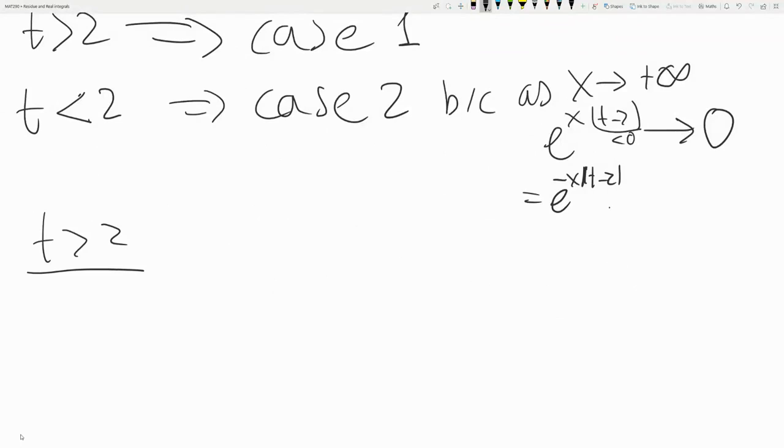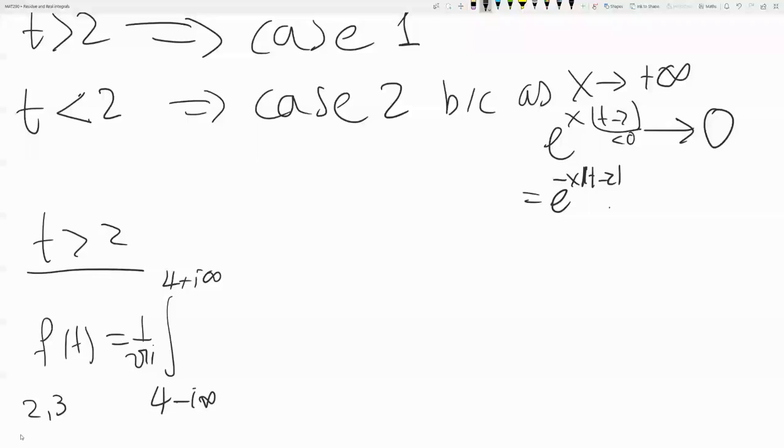So we want to find our function, 1 over 2 pi i. The poles are 2 and 3, so let's pick 4, even though it doesn't matter, you don't have to worry about sigma that much. You just have to make sure that all the poles are on the left.